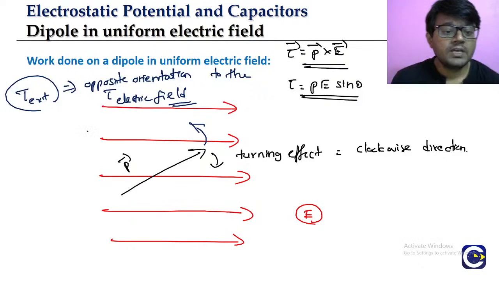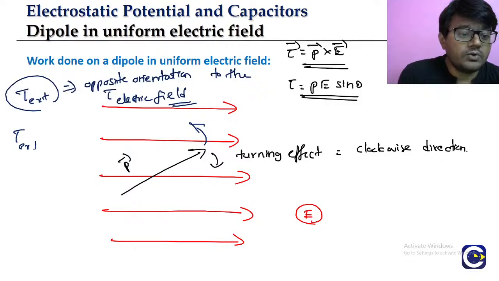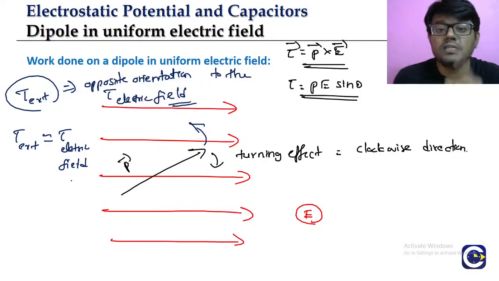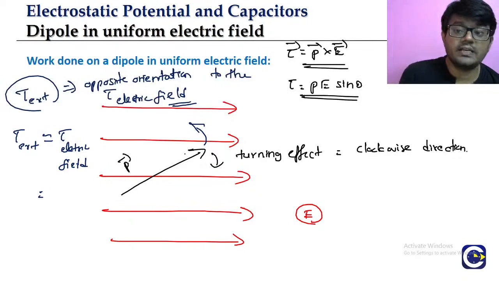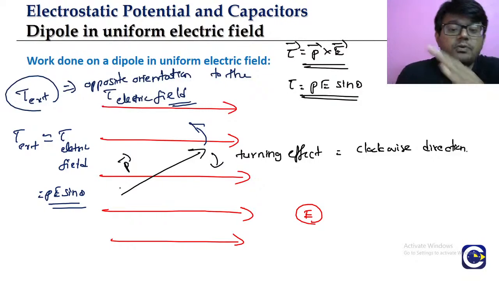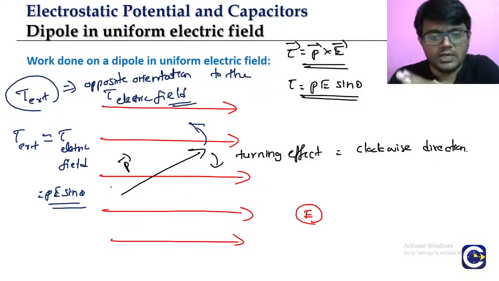Okay, if this external torque value is almost equal to the electric field torque, then almost the net torque acting on the dipole will be zero. If the applied external torque is almost equal to the electric field torque value PE sin theta, then this dipole will be almost at rest, in equilibrium, because both the torques are opposing.